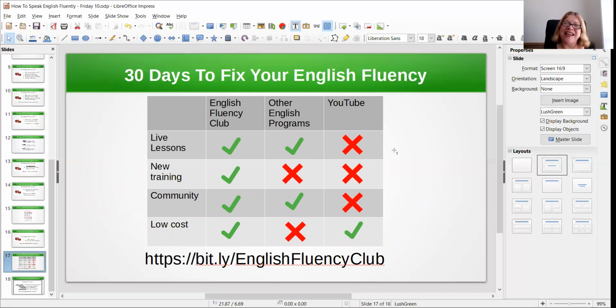So the first thing, you get live lessons. It's very, very important that you can practice your English with me and with other people. Obviously, with other English programs, most of the time you also have live lessons, but you don't have live lessons with teachers on YouTube. The new training, which is exclusive every month, very important that you always have something new to work on, and that's a part of your membership for the English Fluency Club.